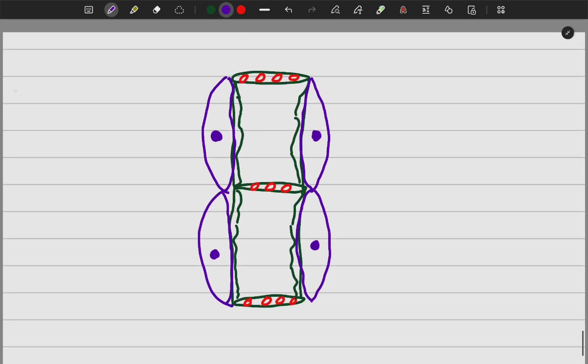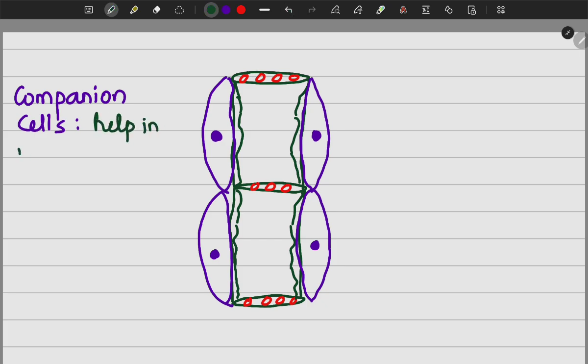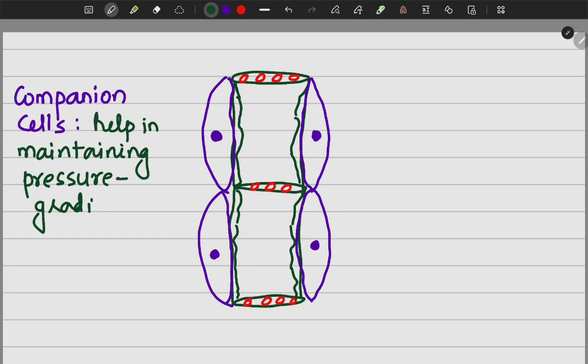So let me write down here: companion cells help in maintaining the pressure gradient in sieve tube elements.